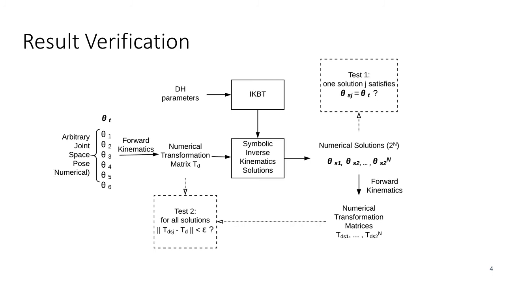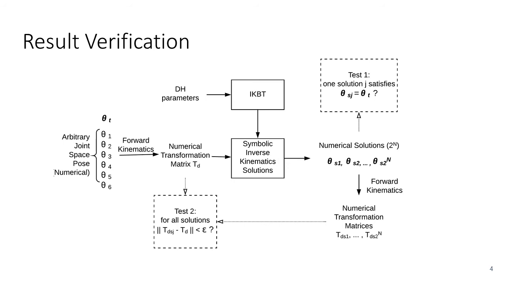Results from IKBT are put through a verification process, where we supply a set of numerical joint variable values and perform forward kinematics, which maps the joint variables to a transformation matrix. Then we plug the numerical transformation matrix content back into the symbolic IK results from IKBT. Test 1 is to confirm one set of the solutions should match exactly to the input test value.